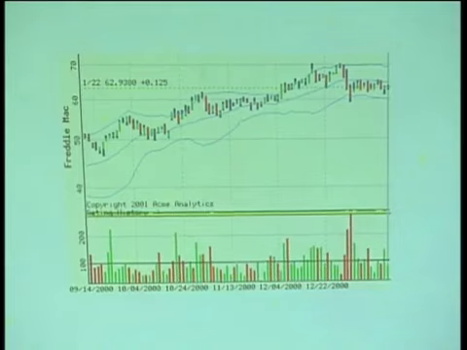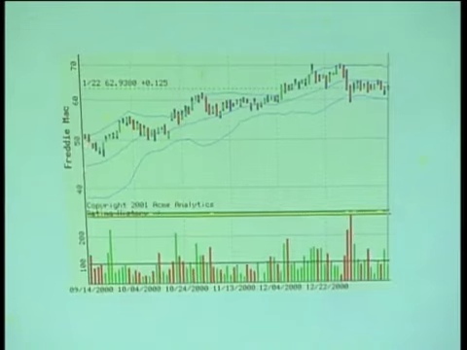And look how interesting this is. We're making a low here, and we get 2 big green volume bars telling us that we've shifted from a negative environment to a positive environment. Again, we get another positive day in here, reinforced by another big green volume bar and yet another one.